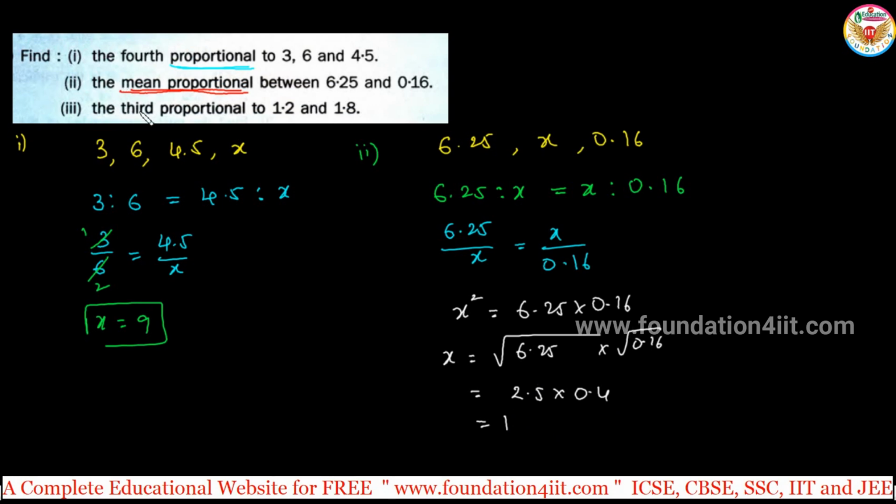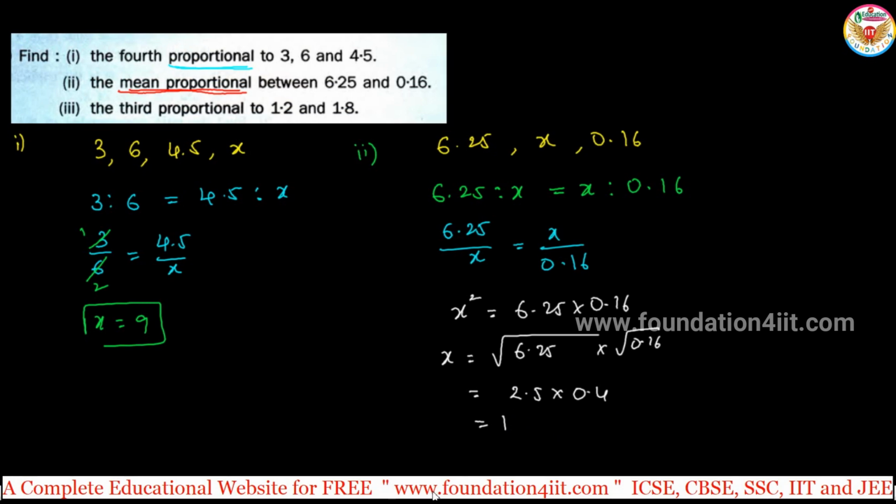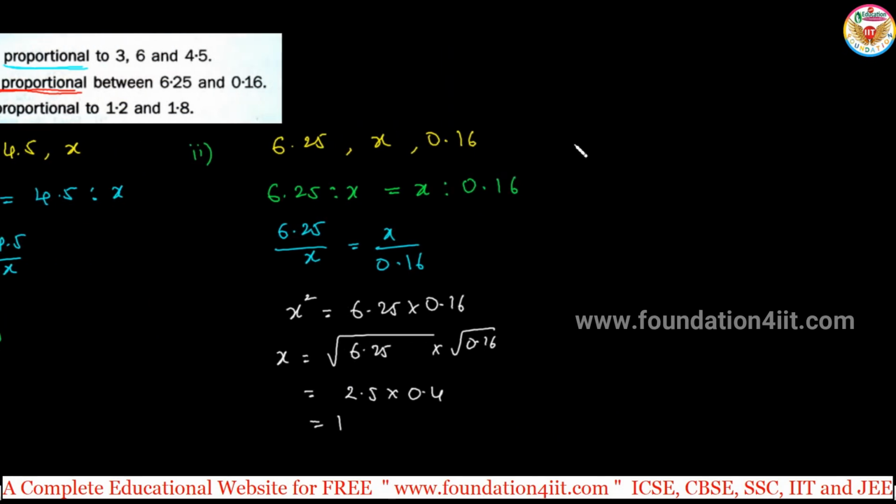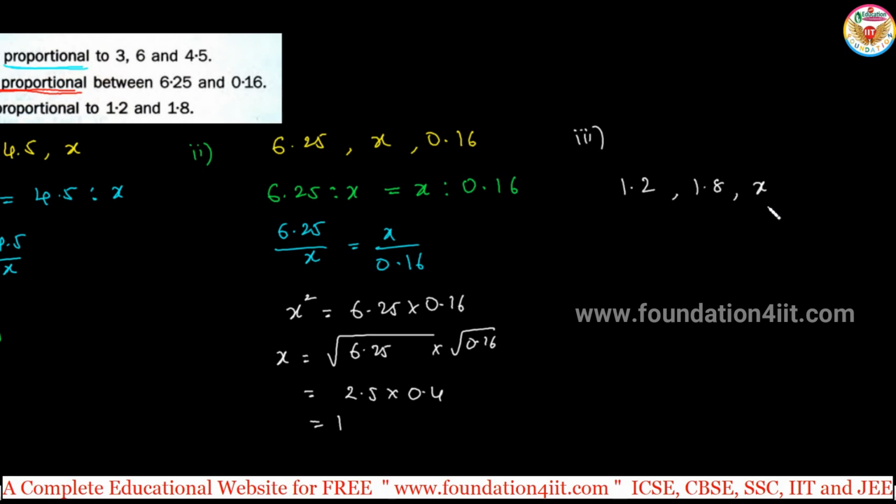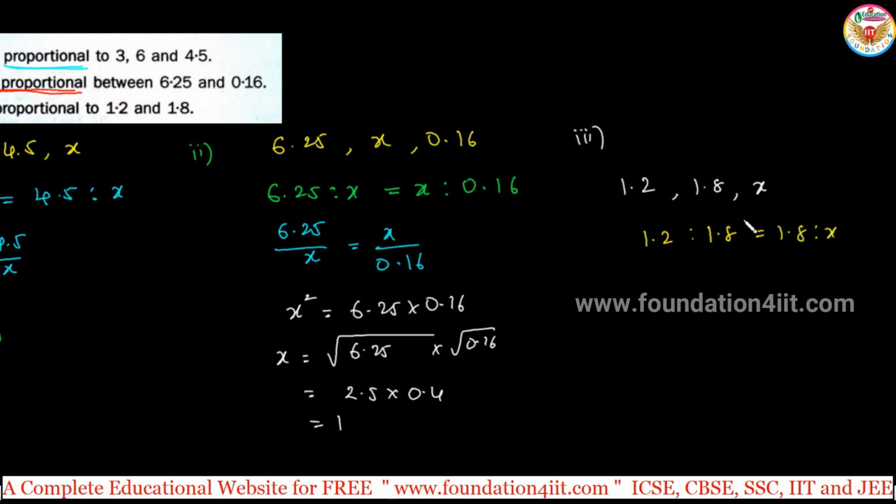Next one, third proportional to 1.2 and 1.8. Let me take this. Third proportional to 1.2, 1.8. Let the third one be x. When only three are there, they are in continued proportion. Remember this. As per the rule, 1.2 is to 1.8 equals 1.8 is to x.